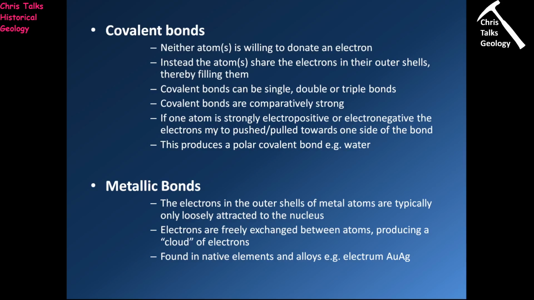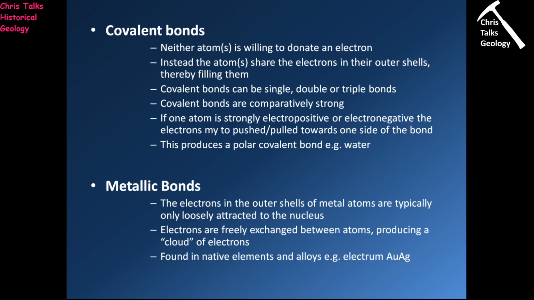Now the final type of bond is called a metallic bond. And in the metallic bond you have essentially metals, and the outer electrons in these metals are only very, very loosely attracted to the nucleus. So if you look at a lot of the transition metals, what you'll see is the electrons at the very, very limit of the outer shell are only very, very weakly attracted to the nucleus.